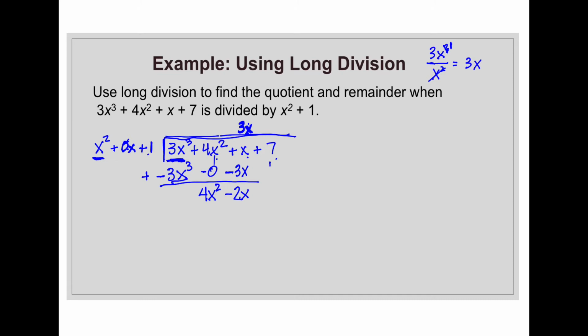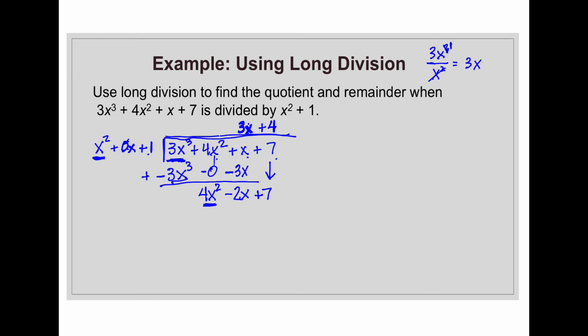Now we bring down the next part, which is the positive 7. And we start over again. Again, I'm going to focus on the first terms of x squared, and I have 4x squared. And so we say x squared times what gives me 4x squared. I've got the x squareds, I just need the 4. So add 4 here.